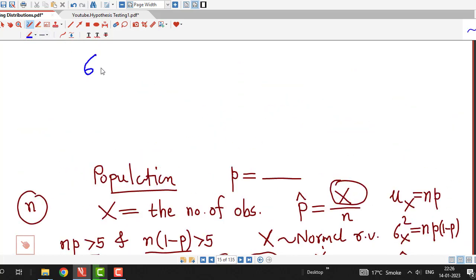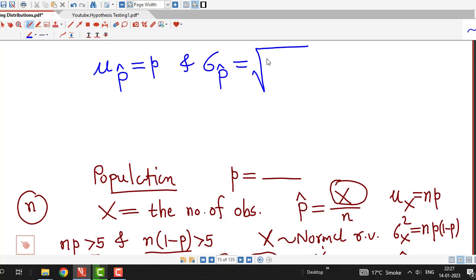We have discussed in the previous lecture that the mean of the sample proportion is given by the population proportion, and the standard deviation of the sample proportion is given by square root of p times 1 minus p divided by n.